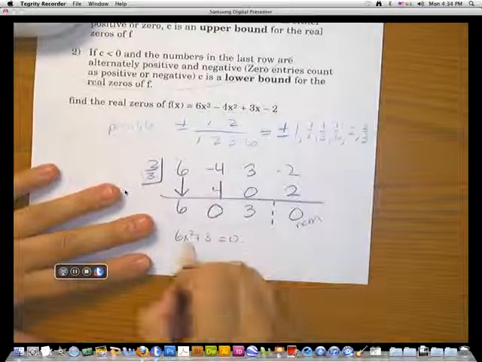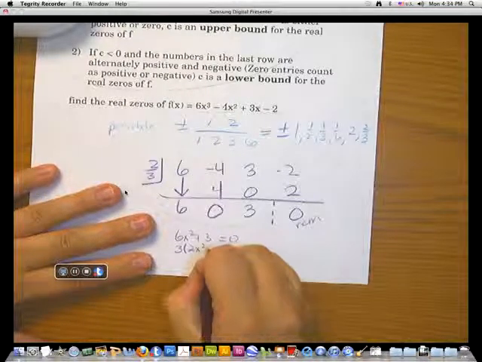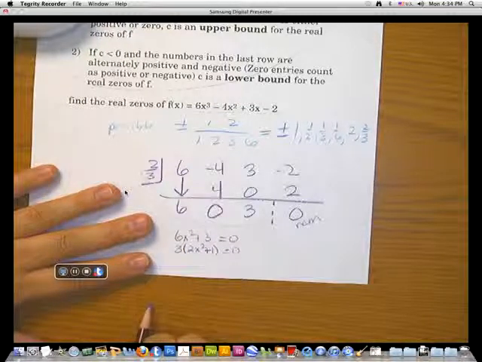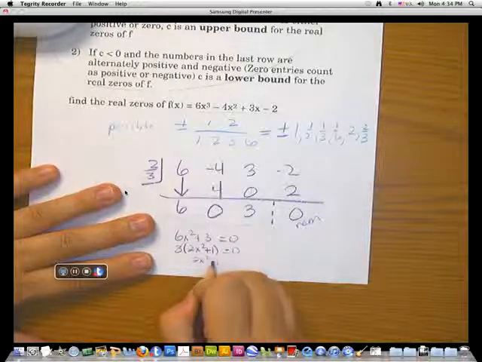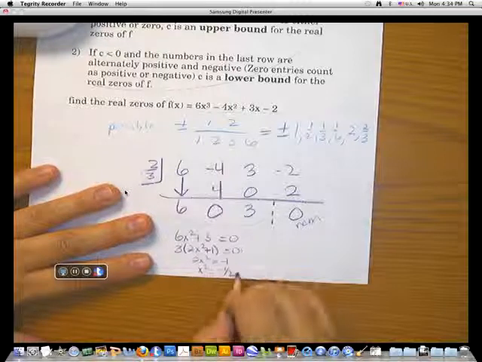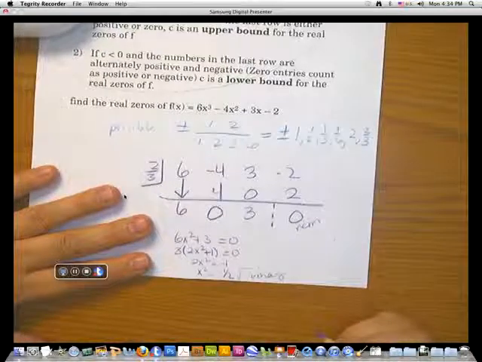If I tried to solve this, take out a 3 for a GCF, and now the 3 is not going to give me any solution. The 2x squared plus 1, well, that's x squared equals negative 1/2, and when I square root a negative, I get imaginaries.